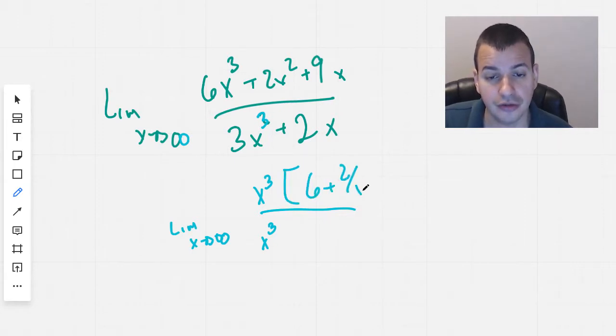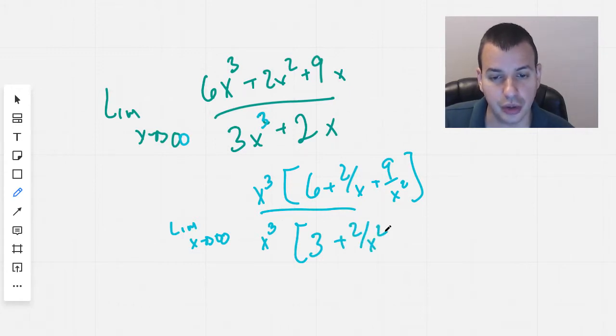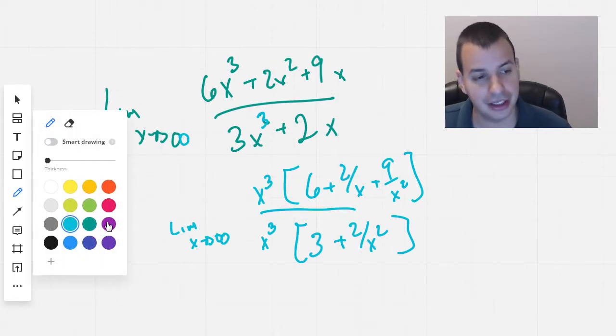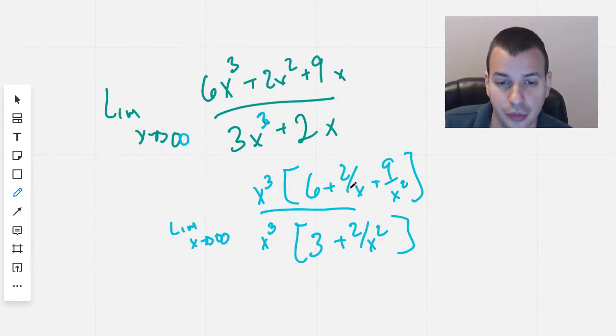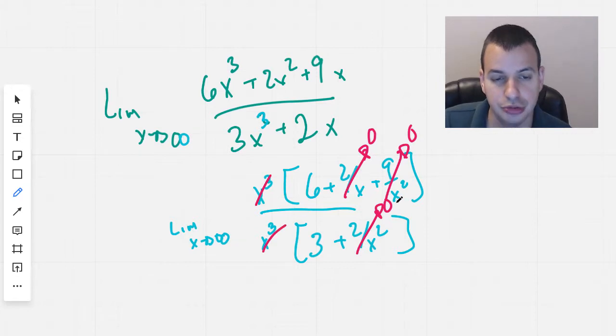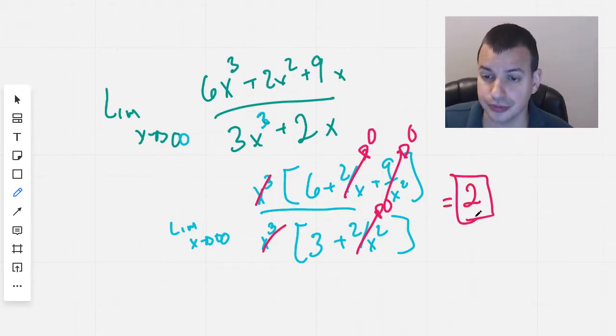Plus 2 over x plus 9 over x squared, because we factored out the x cubed, 3 plus 2 over x squared. And what happened here was this would then go to 0, because we were going to infinity. This would then go to 0, and the x cubed would cancel out, and then we'd be left with 2.